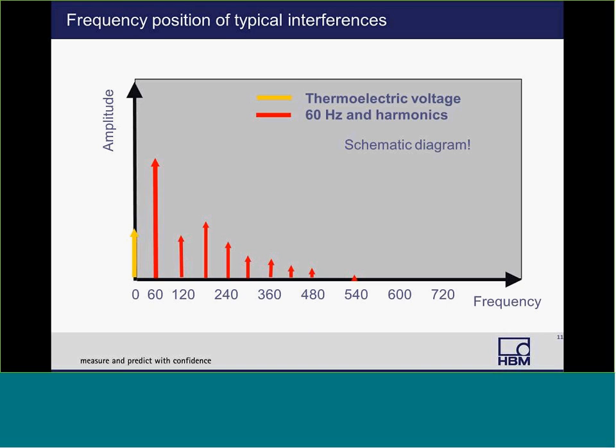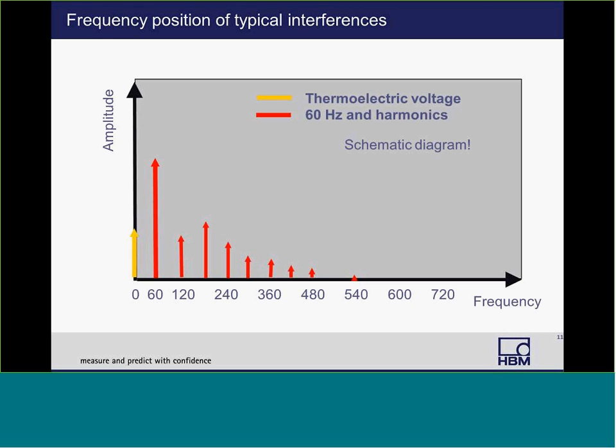But if we look at where those noise sources can be, the one thing about thermoelectric is they tend to be down near 0 hertz. So those can be easily filtered out, really. And if you have really good connectors, they're minimized. But you'll also see that a real typical noise source is 60 hertz AC, which is typical here in the United States.